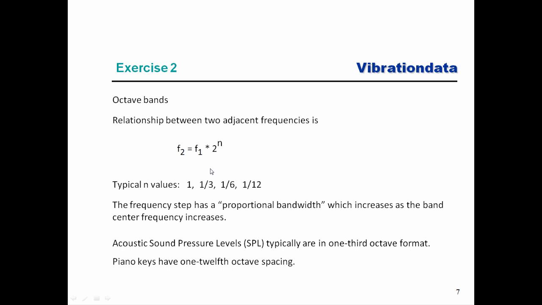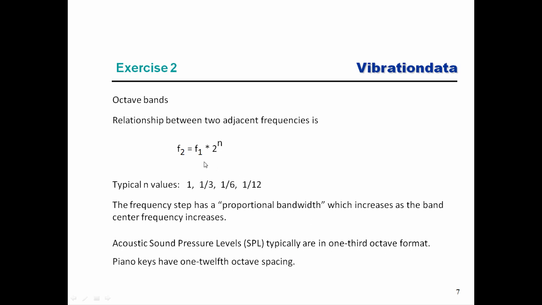One of the ideas about this format of a frequency step is it's sometimes called a proportional bandwidth. So the bandwidth itself increases as the band center frequency increases. And we'll come across different cases in future webinar units. For example, if we're doing an acoustic sound pressure level, that will typically be expressed in 1/3 octave band format.